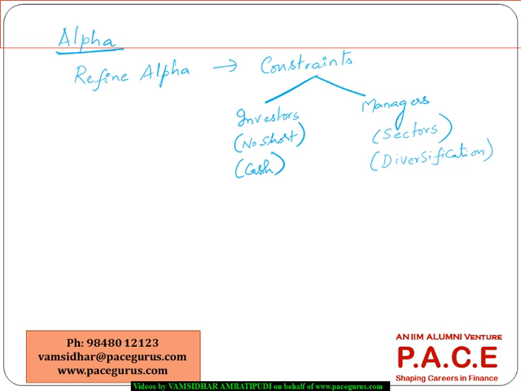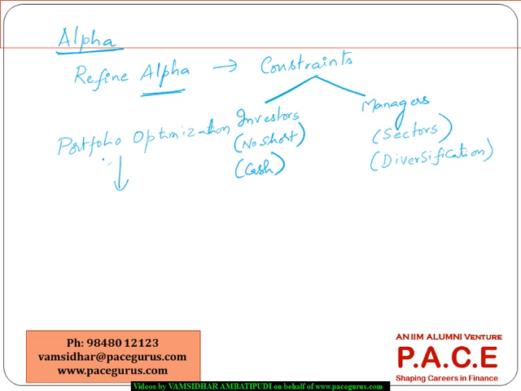Because of all these things, the alphas in the original dimension get refined, and on the modified alphas we apply the portfolio optimization mechanism, probably using tools like Excel Solver or TORA, or any of the linear programming kind of tools. We do a portfolio optimization to achieve an optimal portfolio approach.